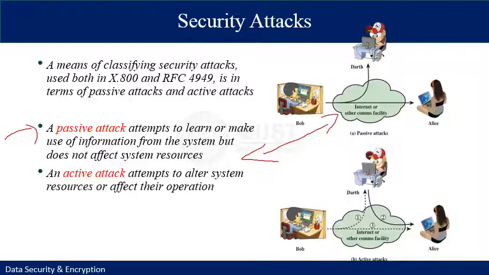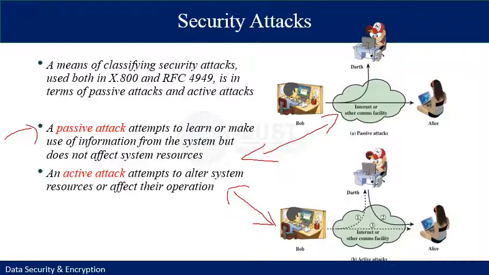However, an active attack attempts to alter the system resources and operation. If an attack changes the information or resources of your system, that will be classified as an active attack.